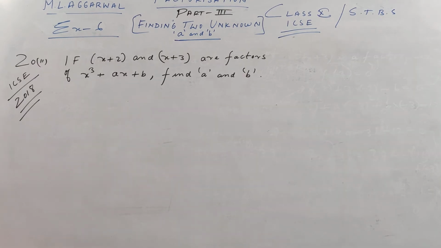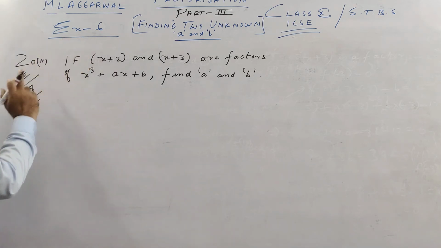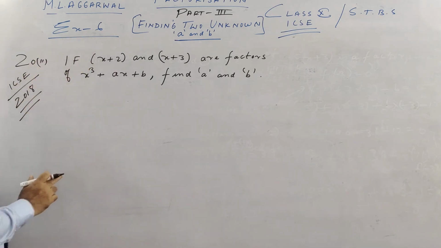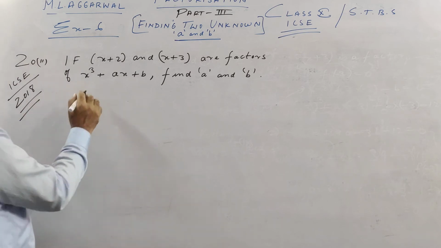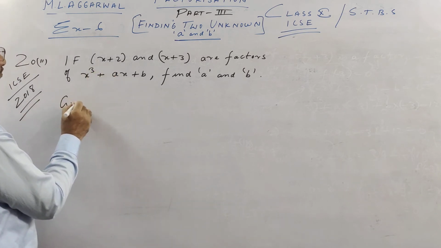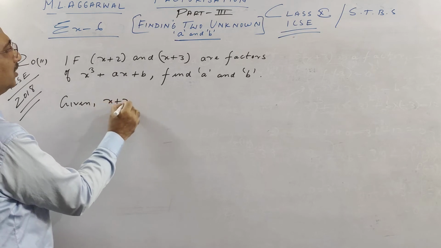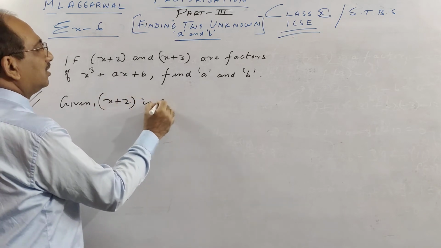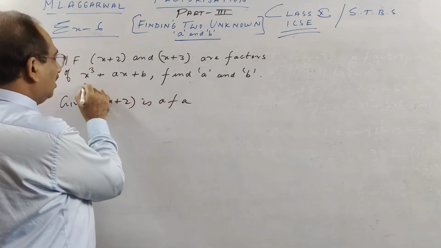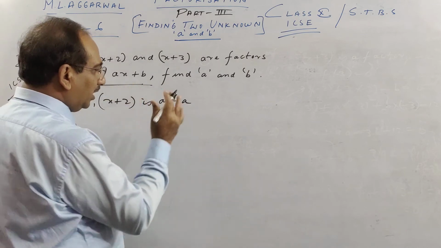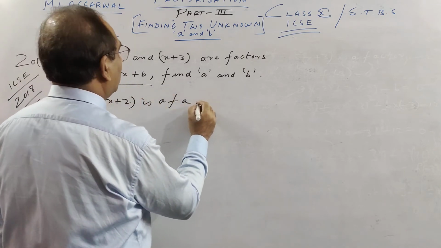So see, this is question 20 part 2 of ML Agarwal's book, and we are in exercise 6. So here this is ICSE 2018. So very similarly, given x plus 2 is a factor, this is quite an easy cubic equation.